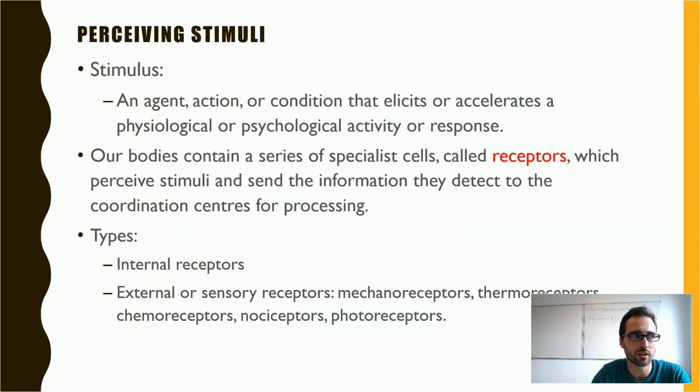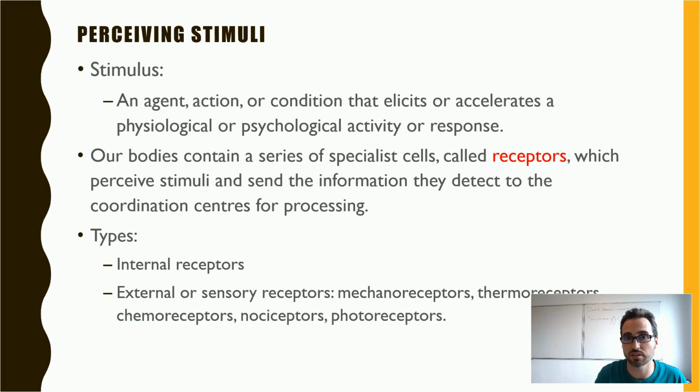Okay, what is a stimulus? It's an agent, action, or condition that elicits or accelerates physiological activity or response. In other words, changes or variations of the external conditions or maybe the internal conditions. For example, internal conditions such as my temperature, my carbon dioxide in blood, the pH of the blood, maybe the heart rate.